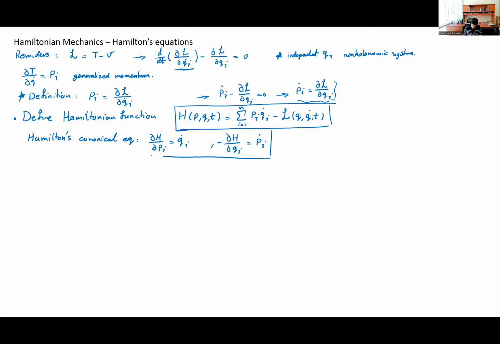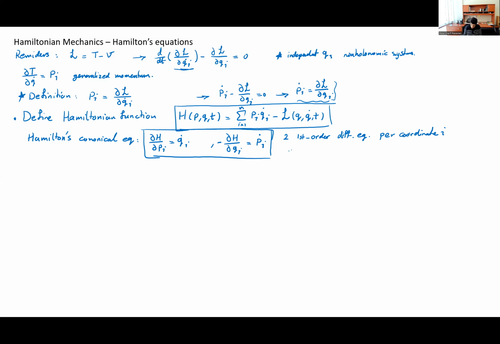So these two are the Hamiltonian equations. And notice that for any generalized coordinate along whatever direction, I have now two first order differential equations per coordinate.